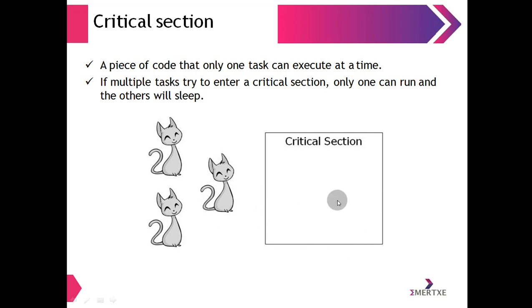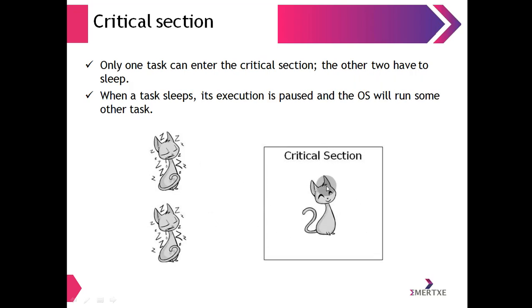One of these tasks gets into the critical section and completes it. The other two tasks go into sleep mode, and they will be in sleep mode for a while until the task in the critical section completes its process and gets out of the critical section.